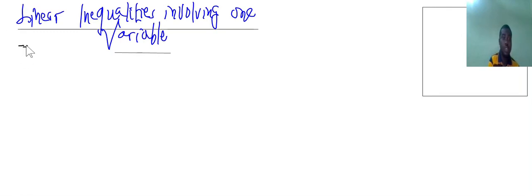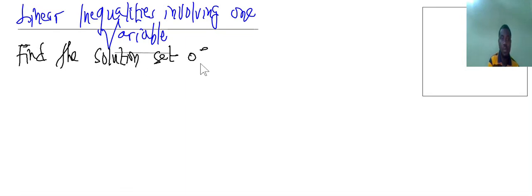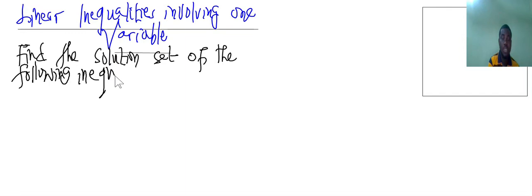Let us find the solution set of the following inequalities, and possibly let's represent the answer on a number line.